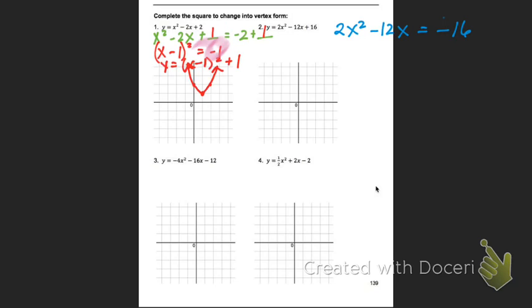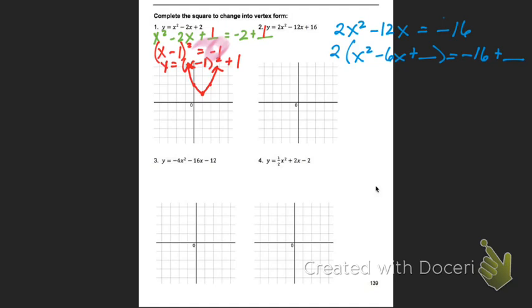So instead of dividing by 2, we're pulling it out. If we were just completing the square to solve, we would want to divide everything by 2. That is what I told you guys to do when we're solving. When we're graphing, you just want to pull it from the left side. The reason why, I will show you in a minute. So I've got x squared minus 6x plus blank equals negative 16 plus blank.